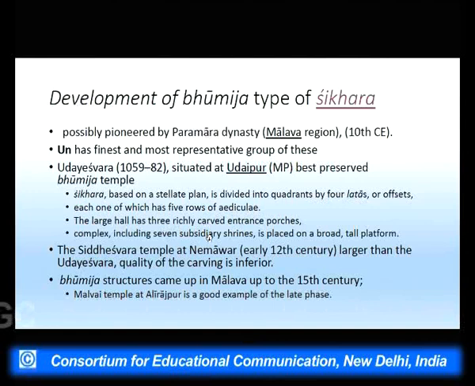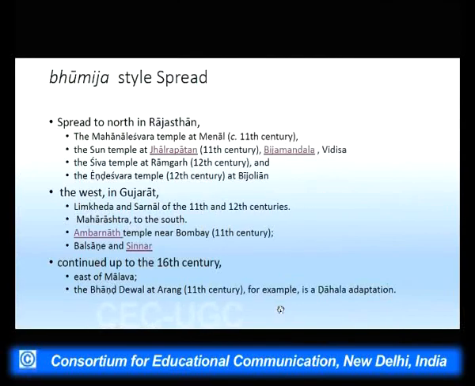There is a large hall that has 3 richly carved entrance porches, and at Mukteshvara you have 7 subsidiary shrines which are on the Jagati itself. There are other temples at Siddheshwara as well as other sites.